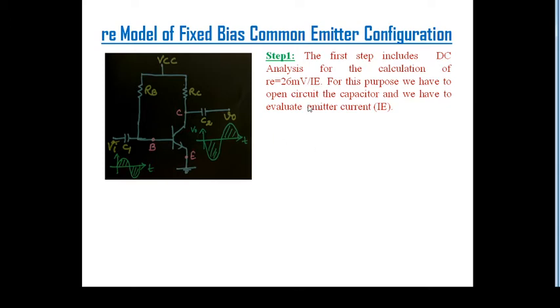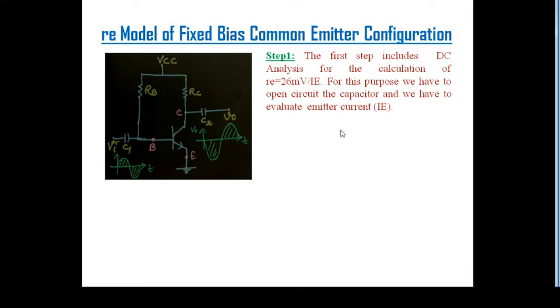It is simply 26 millivolt by IE, that is VT by IE, already discussed in the last video lecture. So the re value is 26 millivolt by IE. This IE, the emitter current, we have to find in this circuitry.